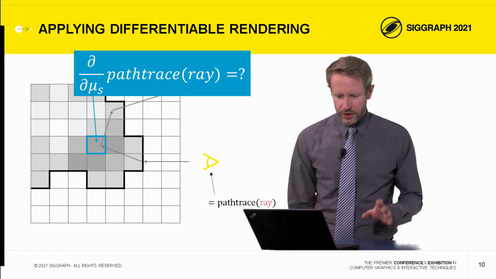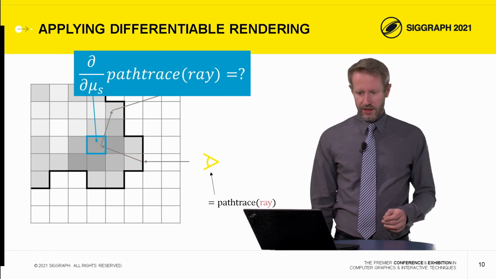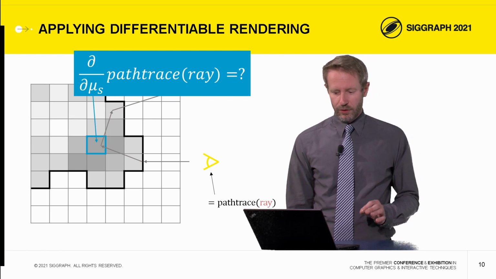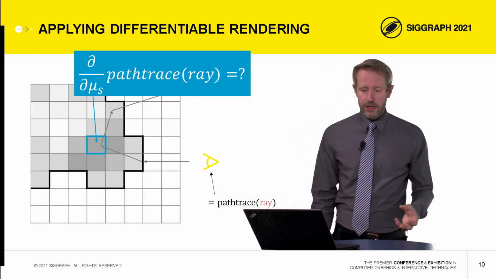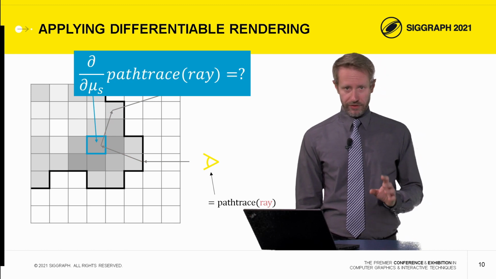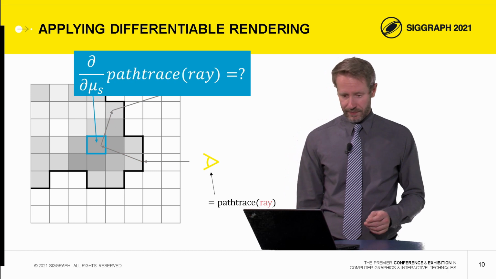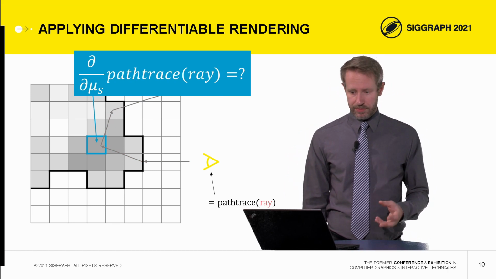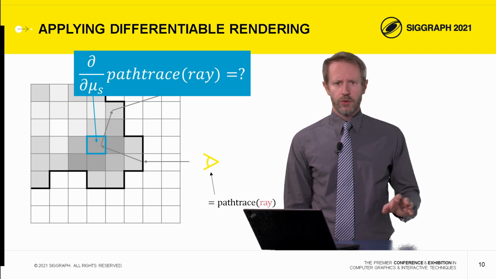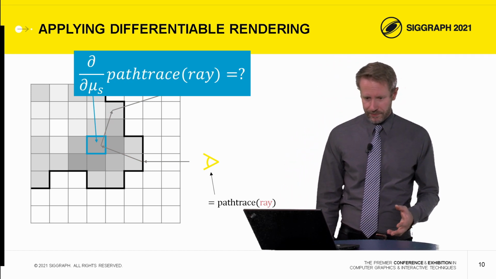Our algorithm does not only need to know the appearance, but also its derivatives with respect to all volume parameters involved in light transport. This is called differentiable rendering, and we are using a particular flavor of differentiable rendering that is called radiative backpropagation. The derivatives are then used in conjunction with a gradient-based optimization algorithm to find a voxel configuration that reproduces the target in the best possible way.